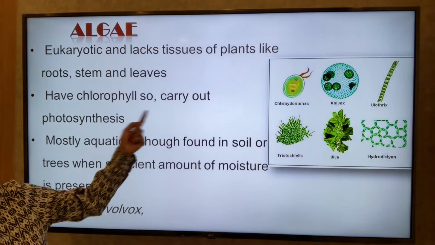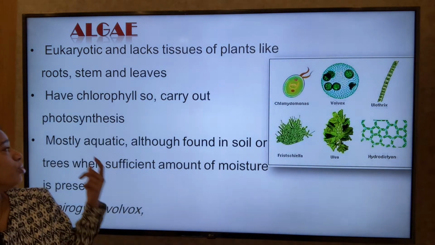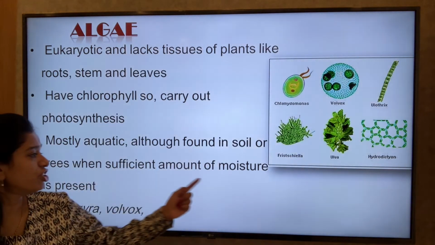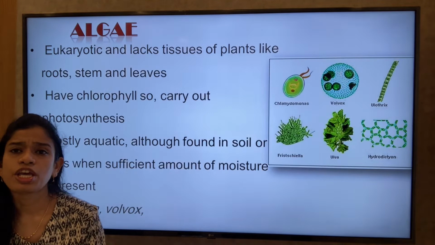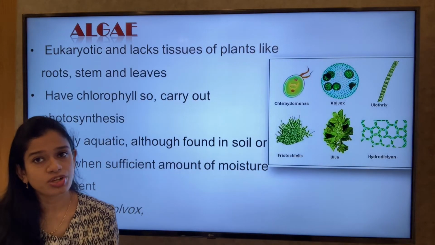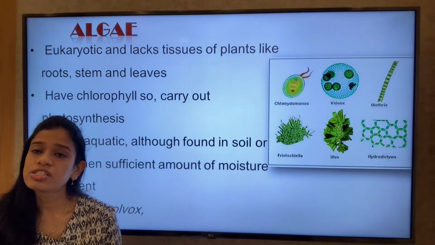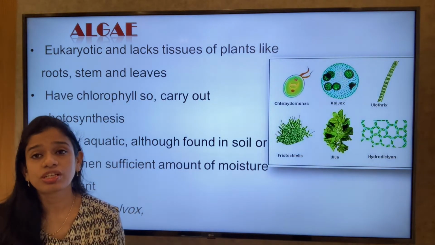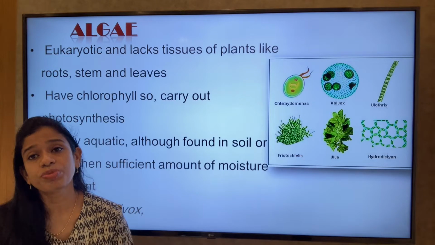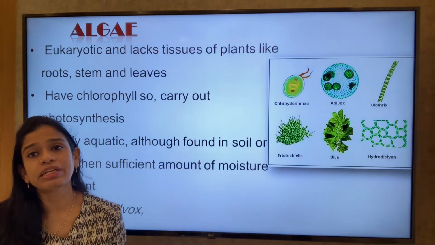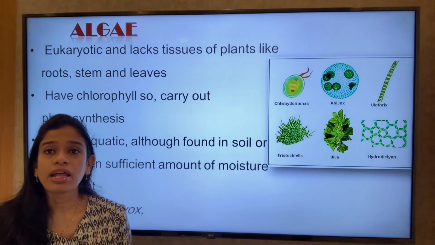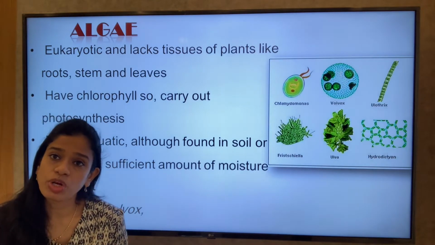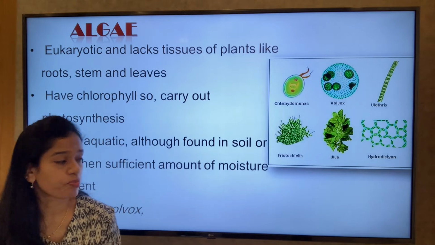They have chlorophyll, so they carry out photosynthesis. I told you, they are mostly aquatic, although found in soil or on trees where a sufficient amount of moisture is present. It has to be very humid, and the substrate on which it is growing has to have lots of moisture because it needs water.